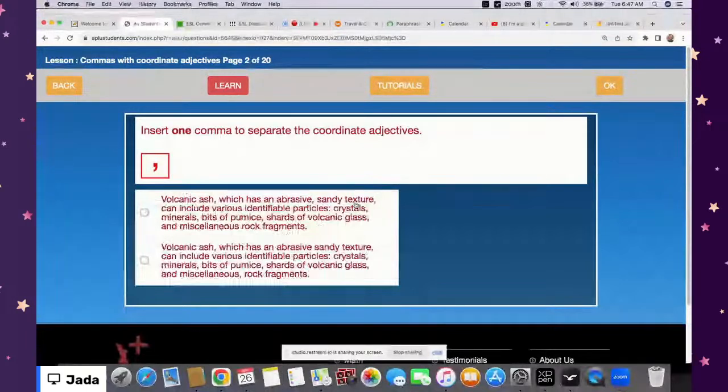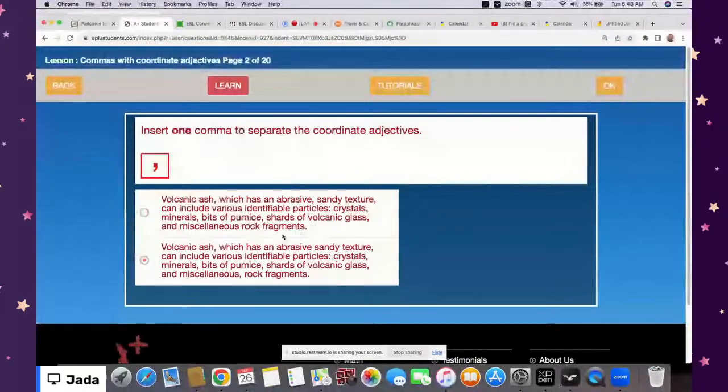Look at this one. When you read this one, what do you think is going to be your answer? So, volcanic ash, which has an abrasive sandy texture, can include various identifiable particles, crystals, minerals, bits of pumice, shards of volcanic glass, and miscellaneous rock fragments.